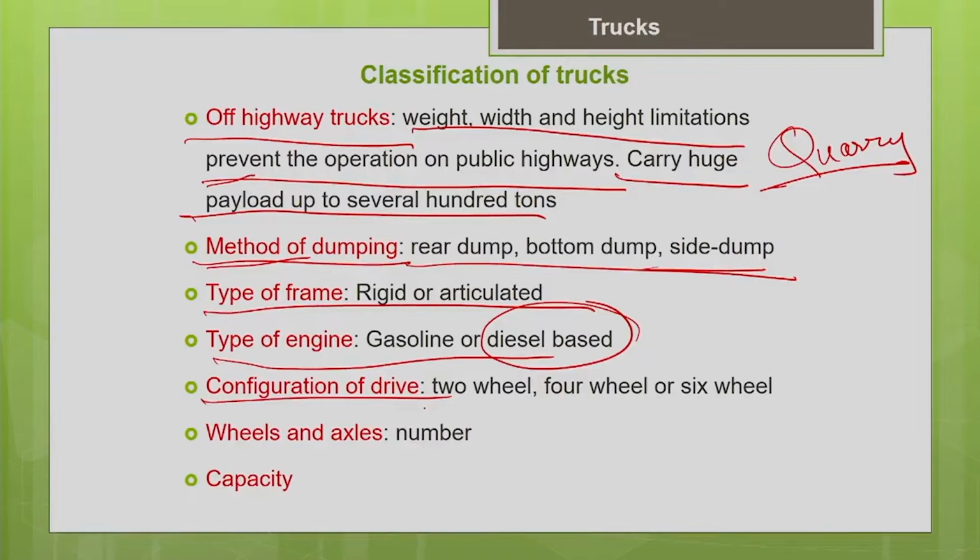Based upon how many wheels are driving, you can call it 2-wheel drive, 4-wheel drive or 6-wheel drive. You can also classify depending upon the number of wheels and axles, and upon the capacity of the truck, that is, the capacity of the dump body. So there are different means by which you can classify the truck.